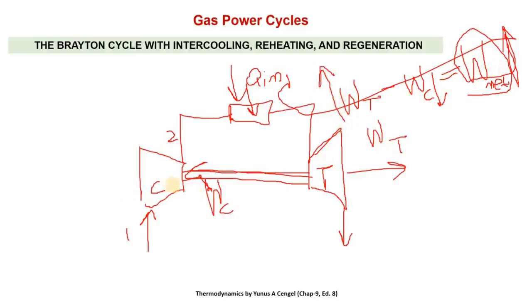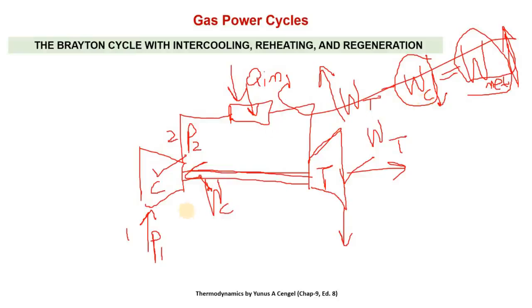Now both are work devices. This one is a work producing device, and this one is a work consuming device. If it consumes less work to reach the same pressure P2 from P1, if by some means we can decrease the work of the compressor, then we can increase the net work output.